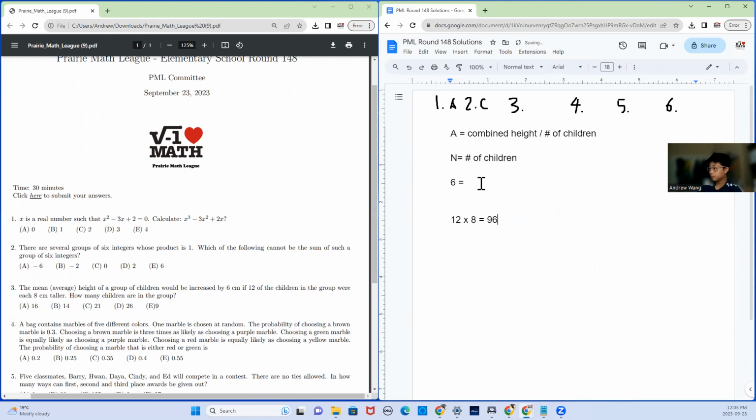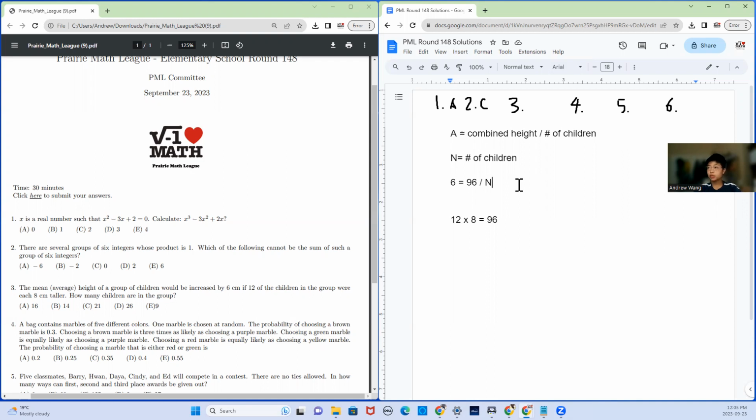We know that 12 times 8 is actually 96. So the combined height increase of these specific children will equal 96 divided by the number of children, which is n. And the reason we write it like this is because 6 is the amount that the average changed, and 96 is the amount that the combined height of all the children increased, divided by the number of children.